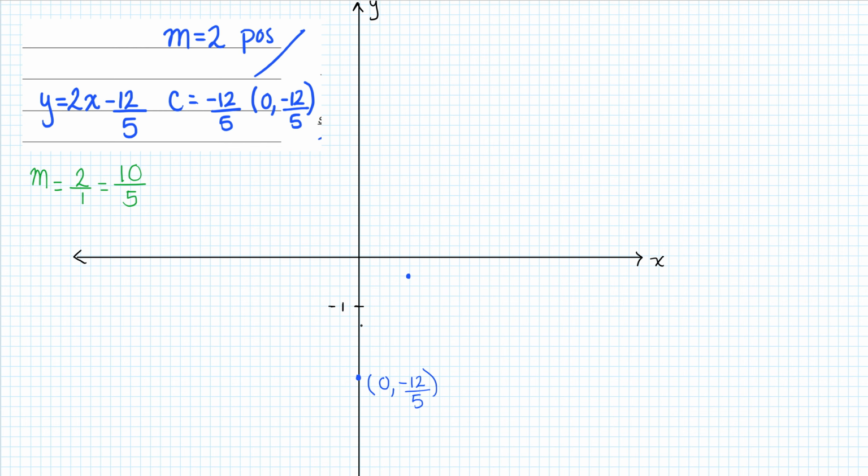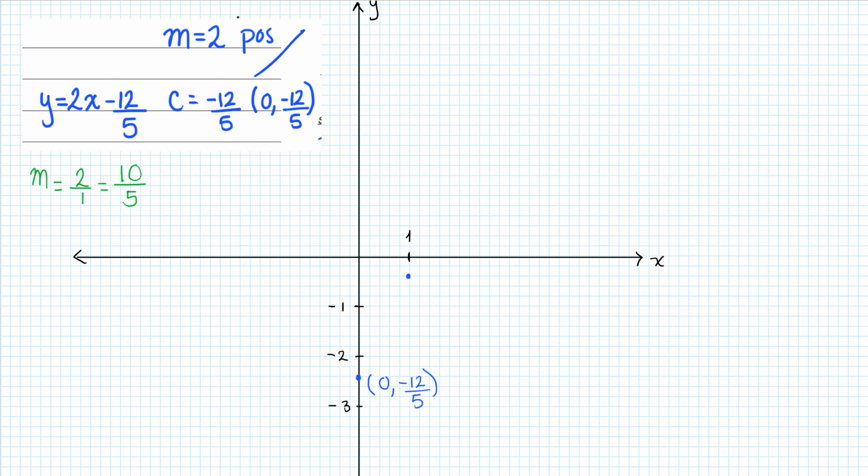And here 1, 2, 3, 4, 5 is actually negative 2. And if I go down 1, 2, 3, 4, 5, this one is actually negative 3. Okay? And if I go across here 1, 2, 3, 4, 5, this is actually 1. Okay?